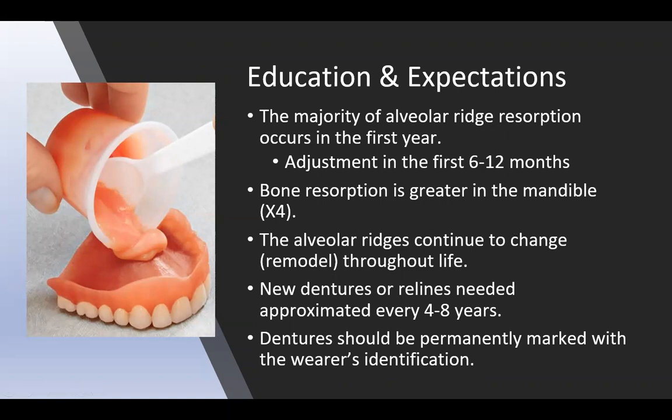And like I said, some people faster than others. New dentures or relines are needed roughly every 4 to 8 years, and that, of course, depends on the person. Dentures should be permanently marked with the wearer's identification, especially if they're a nursing home patient. There needs to be some kind of a permanent mark that identifies who it belongs to.